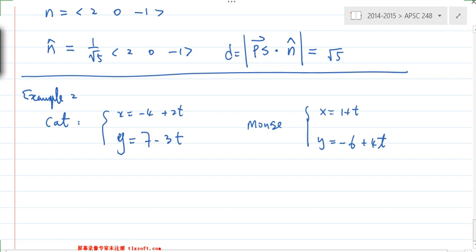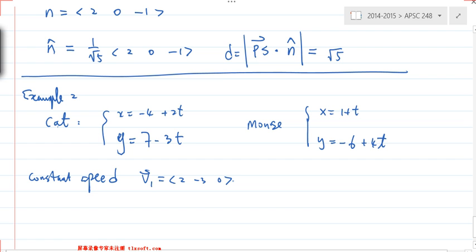Suppose that the cat and the mouse are all traveling at a constant speed. For the cat, the velocity is v1. We're just going to take the parallel vector out of the line equation. So 2, -3, 0.